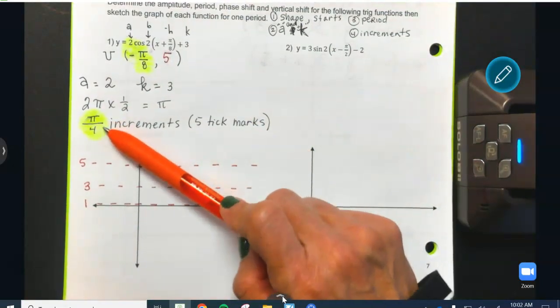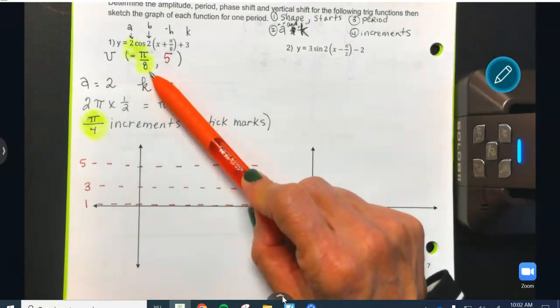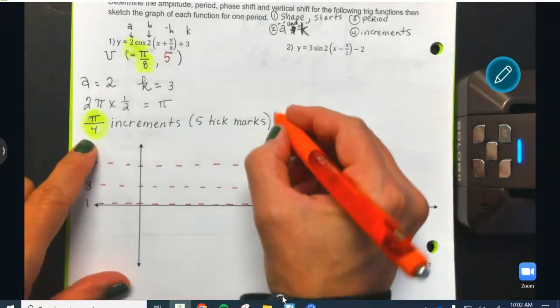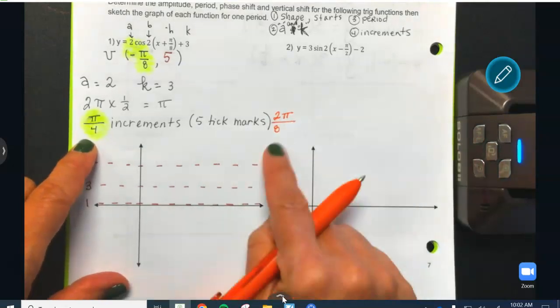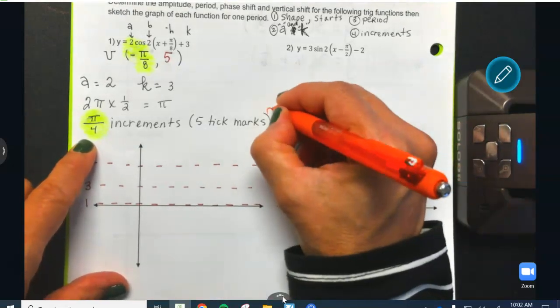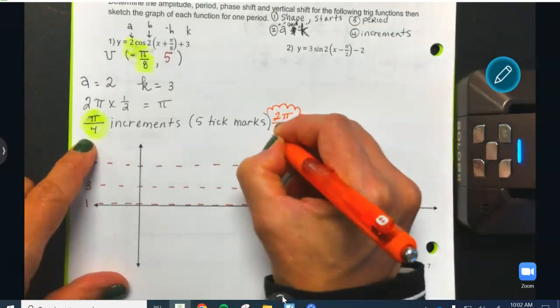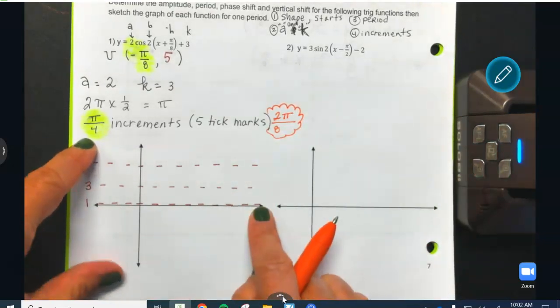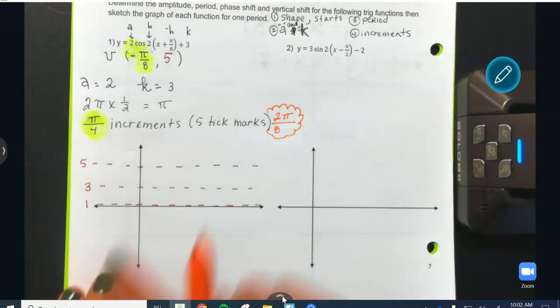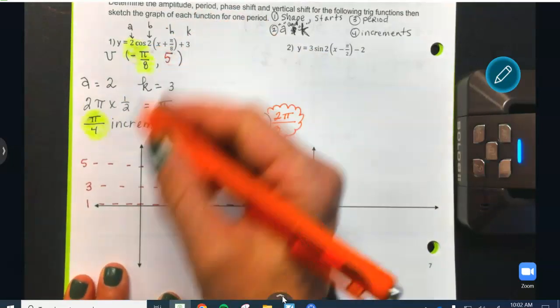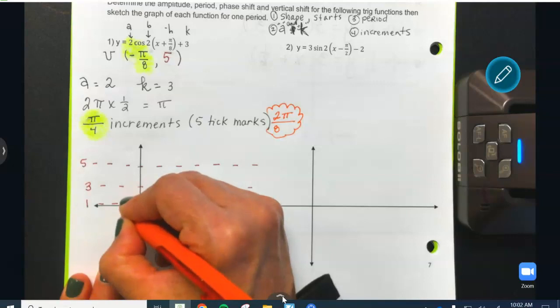But I can write a fourth as an eighth, which is 2 pi over 8. I'm going to keep this in my head as I move along the x-axis and create my tick marks. How many tick marks did we need? We needed 5. My first tick mark is going to be at negative pi over 8, which is right here-ish.